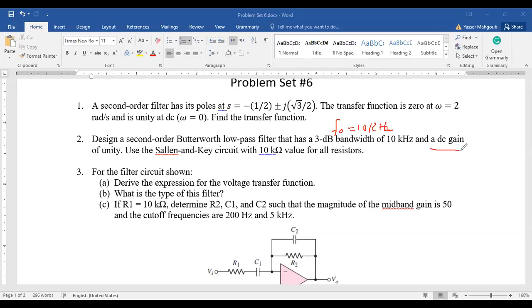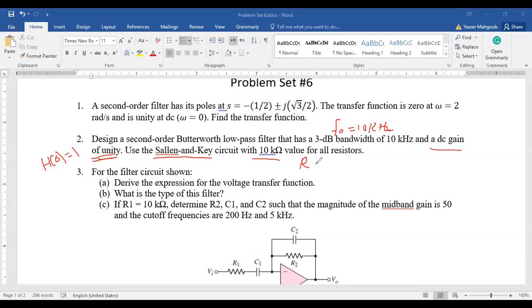And the DC gain is unity. What do you understand from this information? The DC gain is unity, means that H of 0 is 1. When omega is 0, that means S is 0, so H of 0 is 1. We need to use a Sallen-Key circuit with 10 kilo ohm value for all resistors.